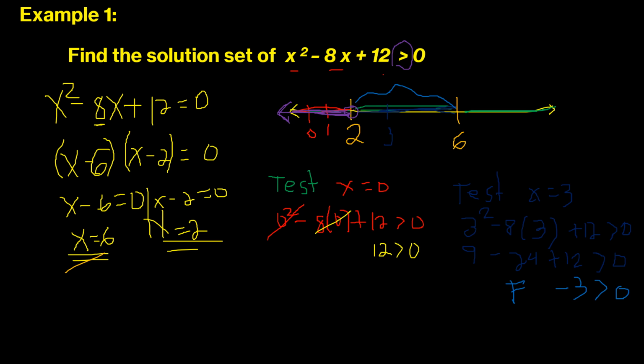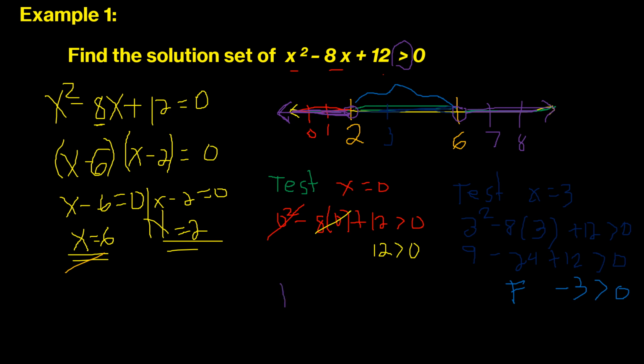Now let's try the numbers which are found at the right of the greater boundary, from 6 and to the right. So if we pick a number which is at the right of 6, we can use 7, we can use 8, we can use 9, we can use 10, or any number which is found at the right of 6. So we may use 7.